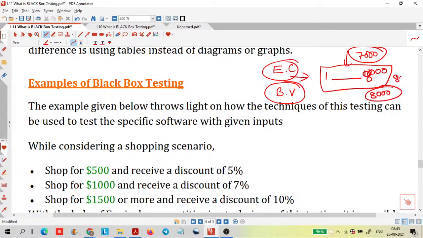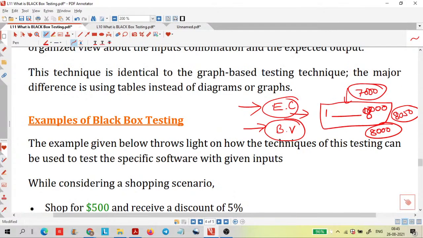Suppose you are testing for the 8,050, okay, then you need to go for different techniques like boundary value analysis. It is not only that you should stick with only equivalence class partitioning. You have to go with state testing, boundary value analysis testing, decision box testing, decision table testing.